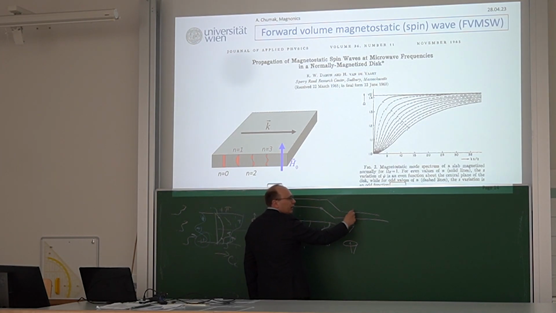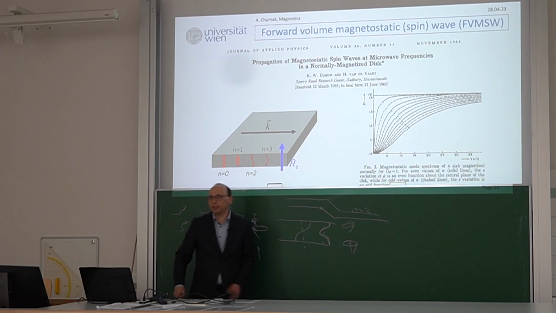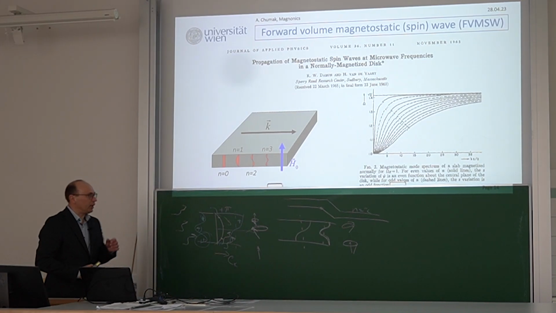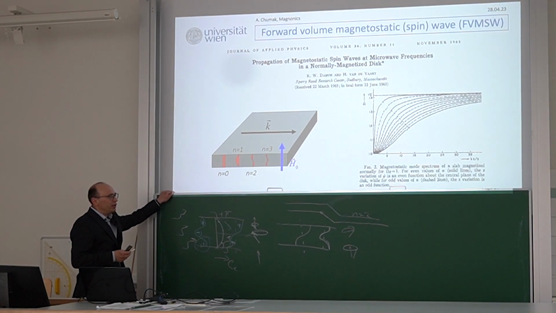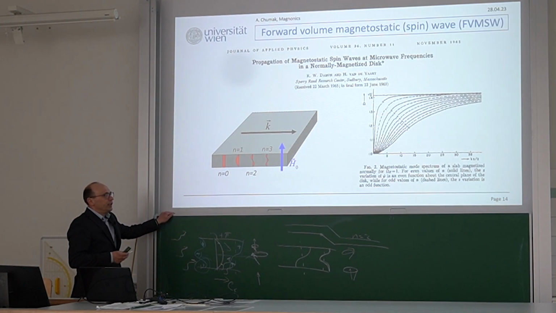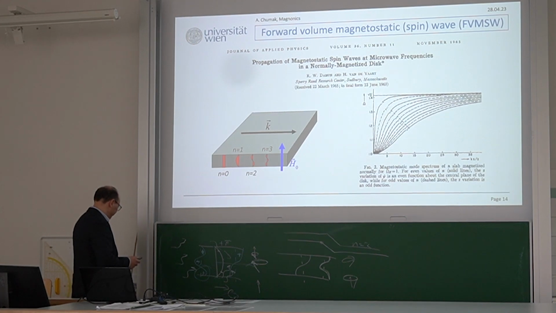So afterwards you will have an even mode because this structure is asymmetric. So there are different ways, but the short answer is that usually we are trying to avoid excitation of higher order modes when it's possible. Okay, good.